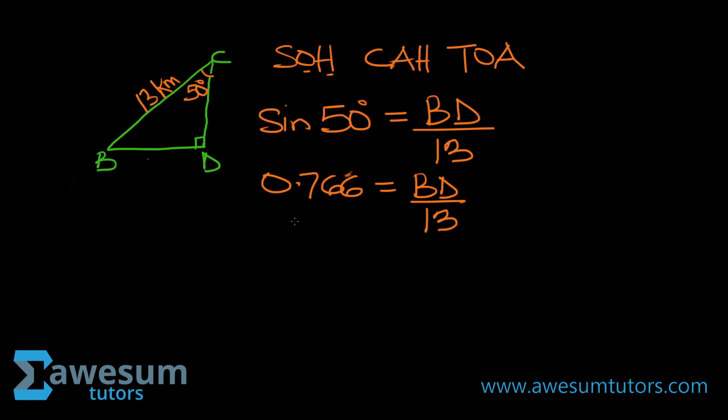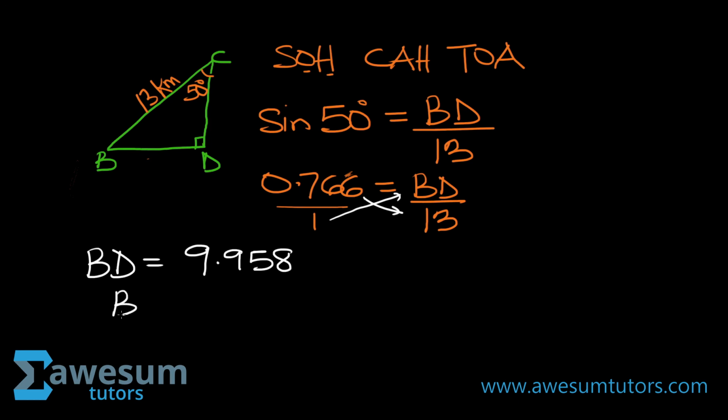And of course this one means over 1. So I can cross multiply: 1 times BD gives me BD, and 0.766 times 13 gives me 9.958, which you can approximate to 3 significant figures as 9.96.